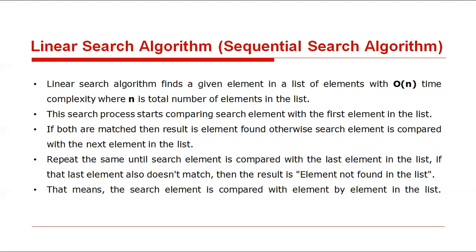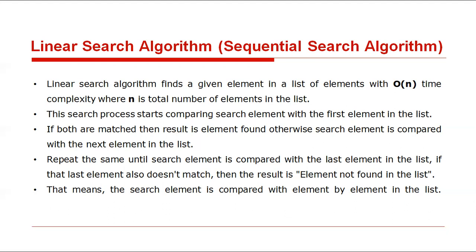If in our classroom the first bench, first person equals roll number 32, the element is found, then no need to search the remaining elements. Otherwise, the control goes to the second person.